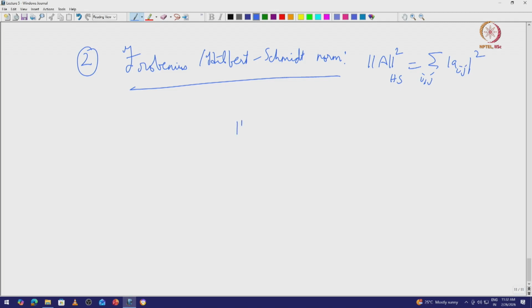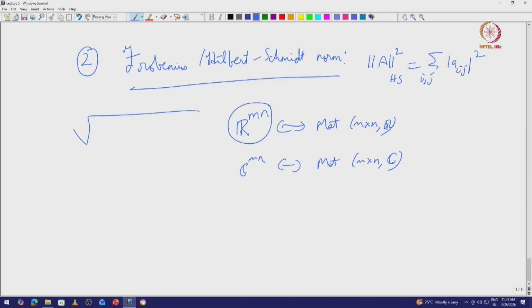Basically, if you think of R^(m×n) as your space of m by n real matrices, or C^(m×n) for complex matrices, notice that this has an obvious norm already, the usual Pythagoras theorem one, coming from the usual norm on these vector spaces. You just square the entries, add them up, and take the square root.